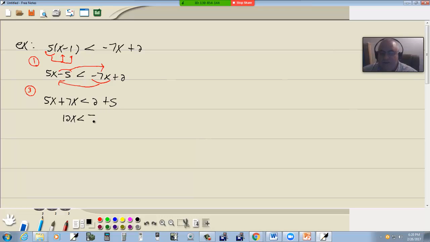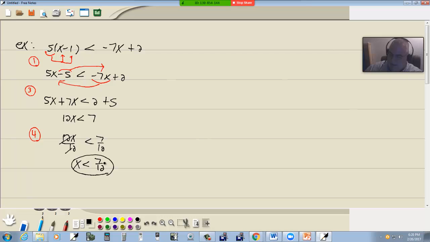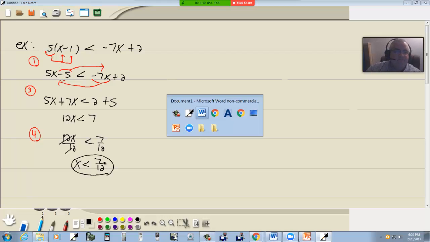Combine numbers. 2 plus 5 is 7. Step 4. Divide both sides by the number in front of your x. So we'll divide both sides by 12. Those 12s cancel. Then we got x is less than 7/12. And that would be our answer.